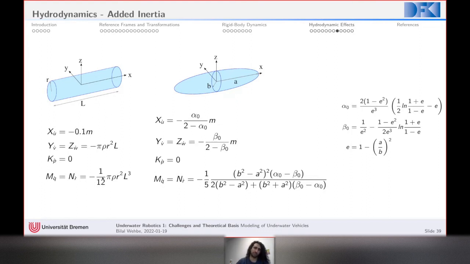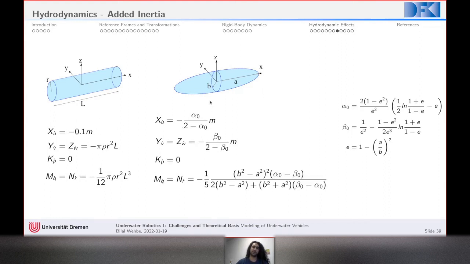Here it is quite simple for a cylinder. Since it also has planes of symmetry, all of the off-diagonal terms will cancel to 0. We will only have a diagonal added mass matrix, and using the length and the radius of the cylinder, we can derive them.